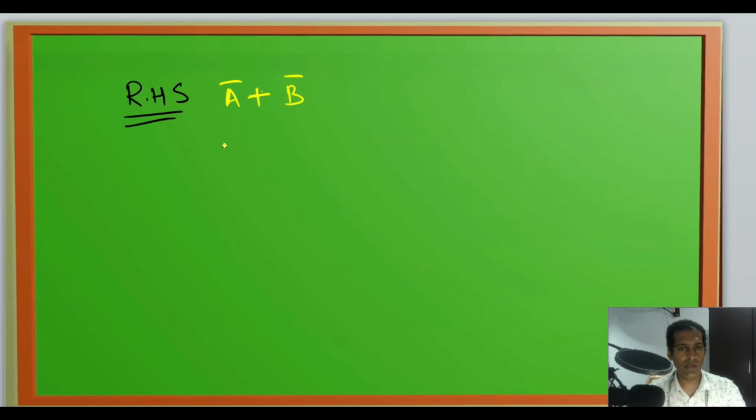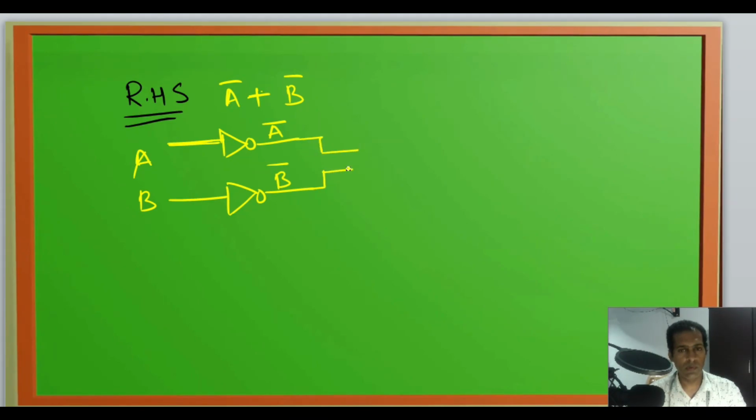So first we take A and B as inputs, and we have to take their complements, so we connect a NOT gate to each. Here we get A bar, here we get B bar. Now we have to take the sum of these two. For taking the sum we use an OR gate. So its output is A bar plus B bar.